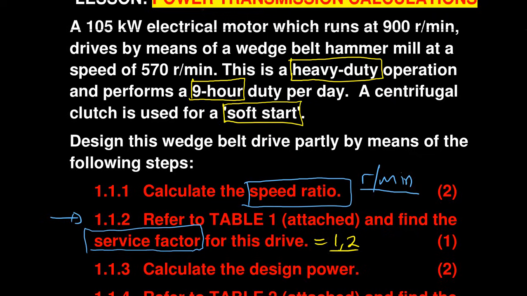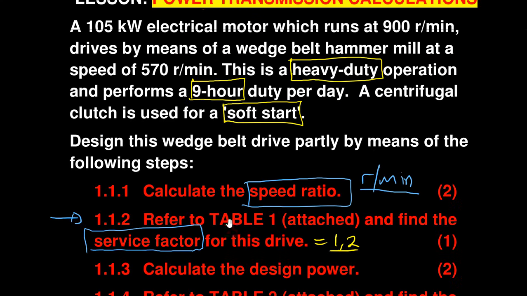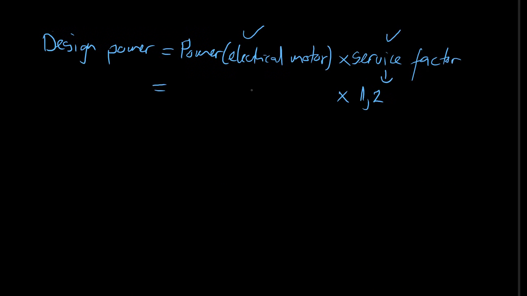So the thing is, I need to find the power of the electrical motor, and you can see now there is a word which talks about the electrical motor, and that power is the number that they're giving me there. That number is 105 kilowatt. It is the power of the electrical motor. So the information I have in there is 105 kilowatt.